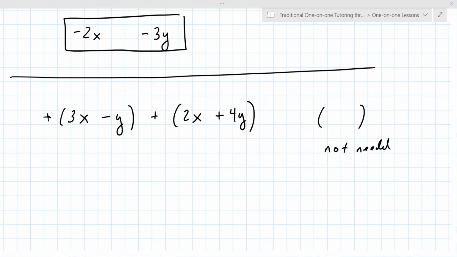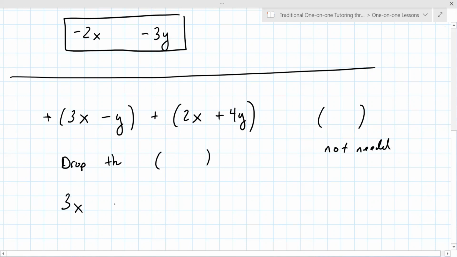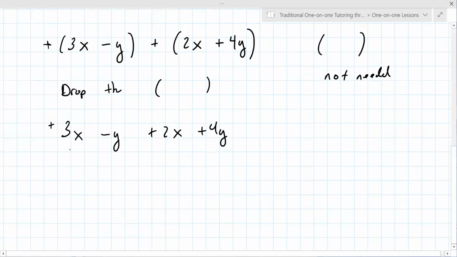Now that might be new. So we can essentially drop the parentheses. So plus 3x negative y plus 2x plus 4y. We generally don't put a plus in front here, but you absolutely can do that if it's clearer for you.